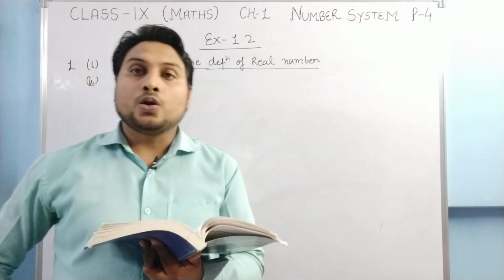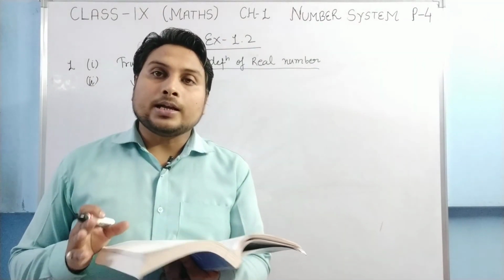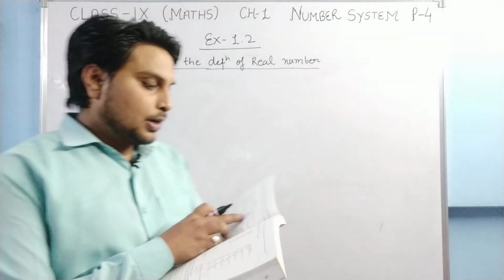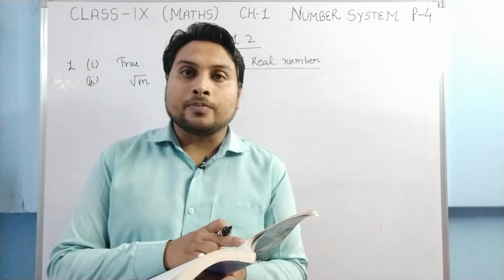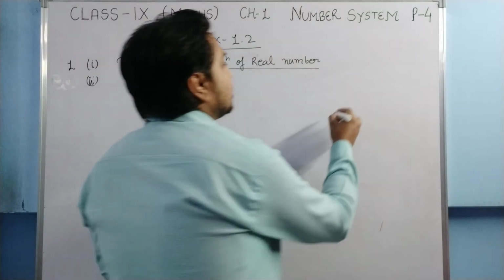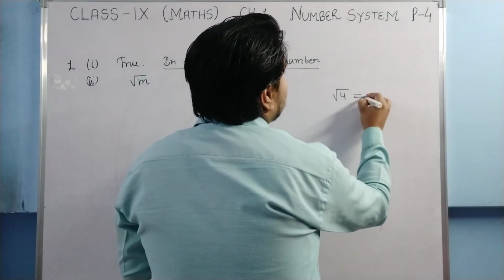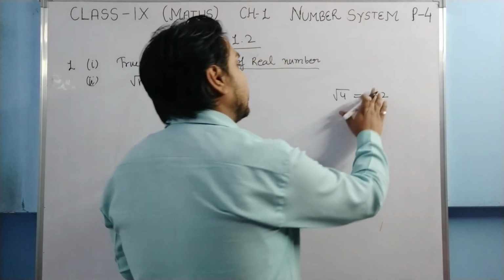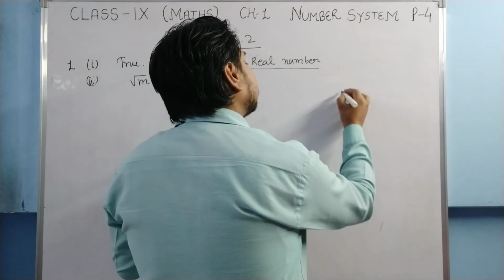No, because on the number line negative numbers are there, and negative numbers cannot be in the form of under root m. Can you say that under root 4 is equal to minus 2? We cannot say.